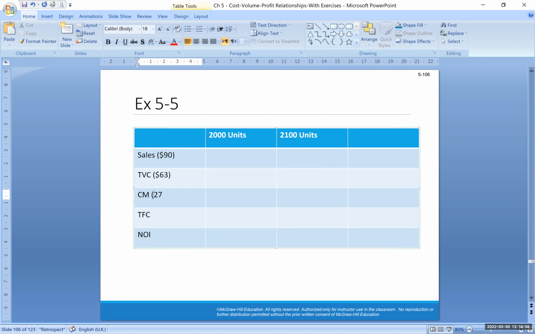Now, for the 2,000 units, we have 2,000 times 90, which is $180,000, right? The variable cost for the current situation will be 2,000 times 63. This equals 126,000. The contribution margin will be the difference, 54,000. Fixed cost is 30,000. And then the net operating income will be 24,000. This is the current situation.